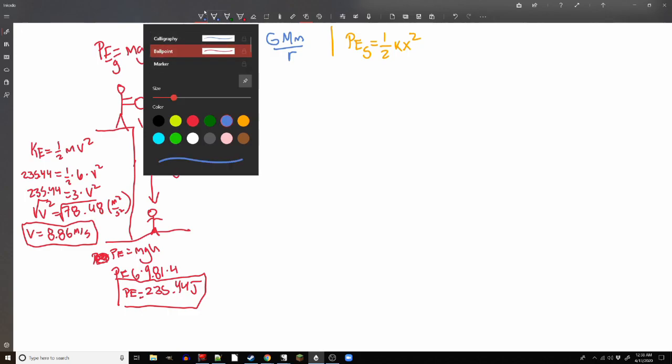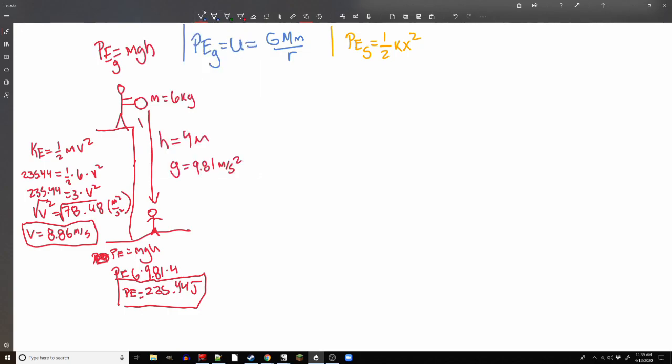All right, let's go over to the middle case, the non-approximated gravitational potential energy, G M M over R. This is something we'd use more like with, well, space, I guess. Let's do a crazy problem.